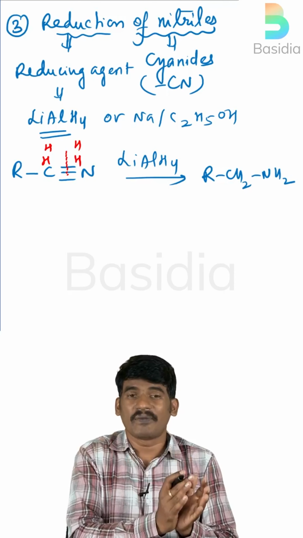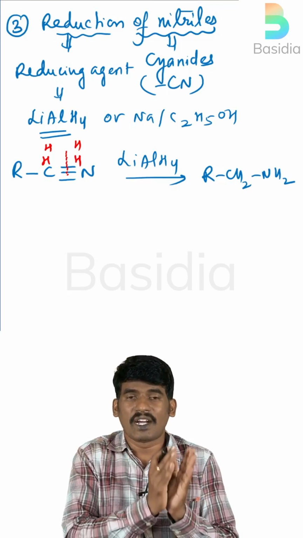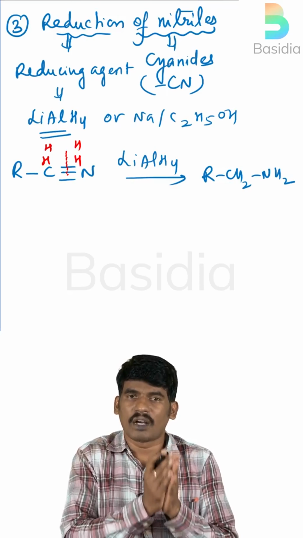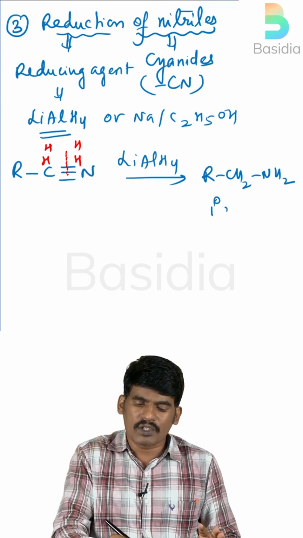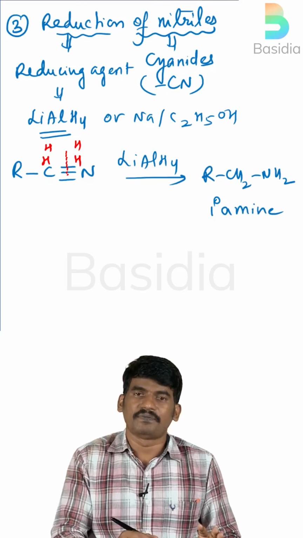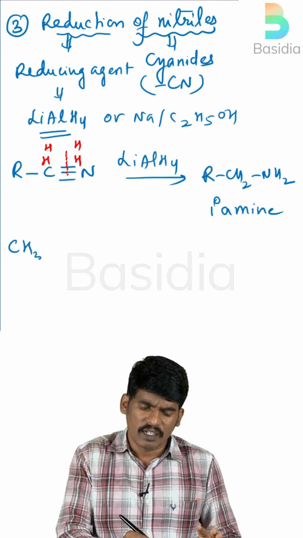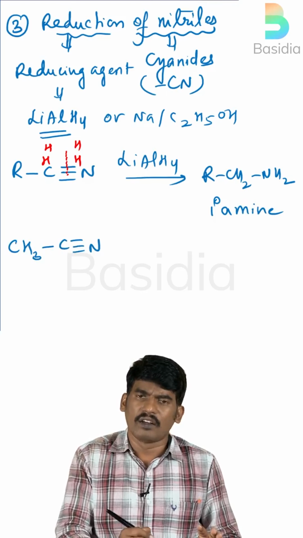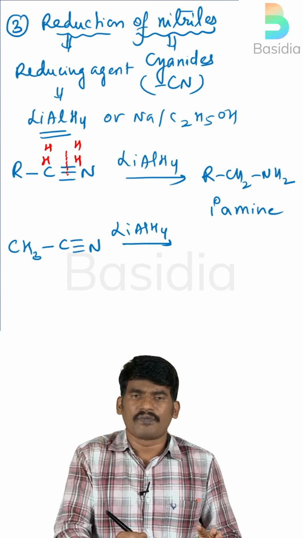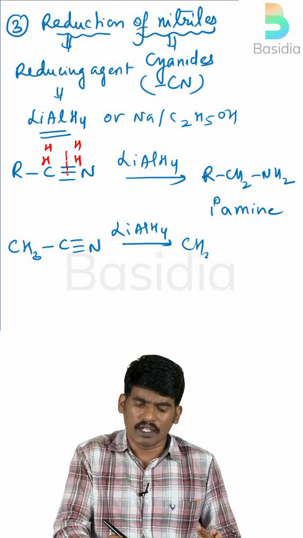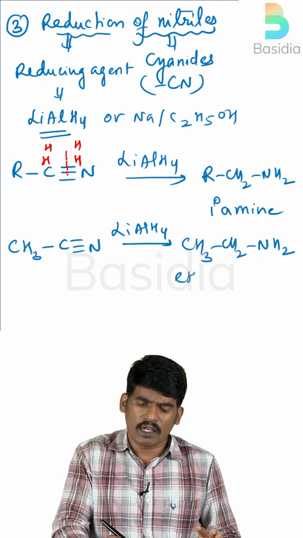Simply we have added hydrogens and the triple bond has been converted into double and the double bond has been converted into single bond. Finally, we got RCH2NH2. It is a primary amine. If you take an example, CH3C≡N, methyl cyanide, is subjected to reduction. It will give you CH3CH2NH2. It is called ethylamine.